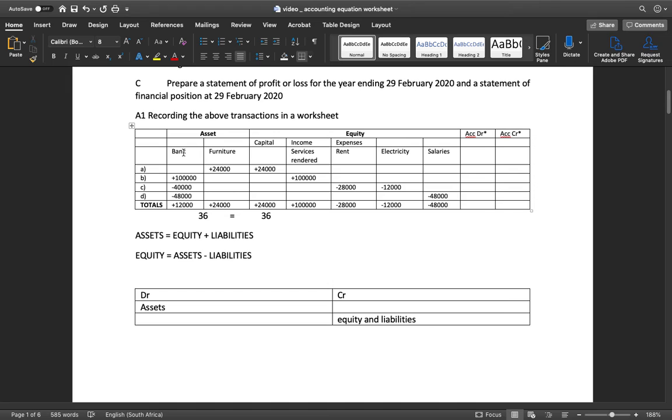And there's components within equity as well. So for example, we've got capital. We may have retained profit.